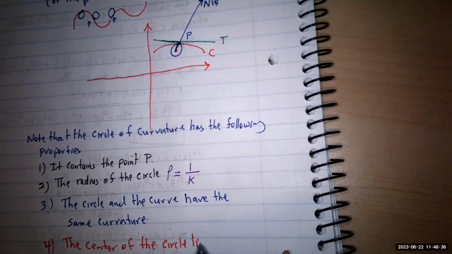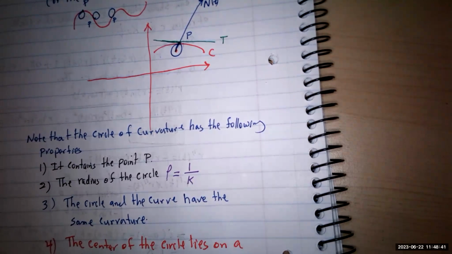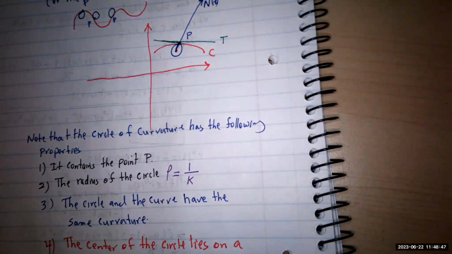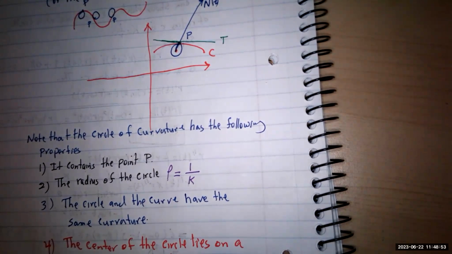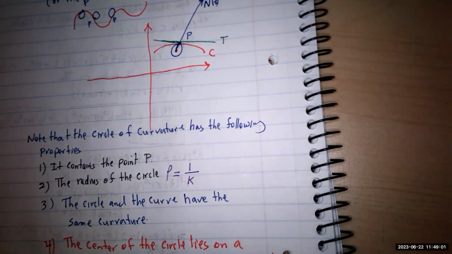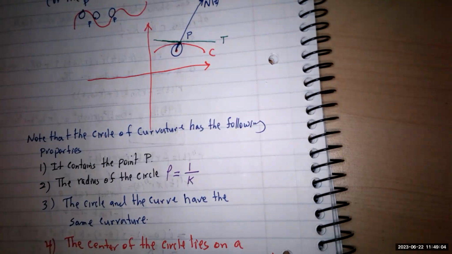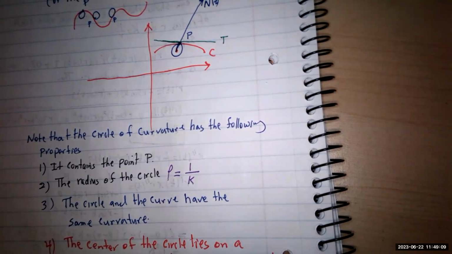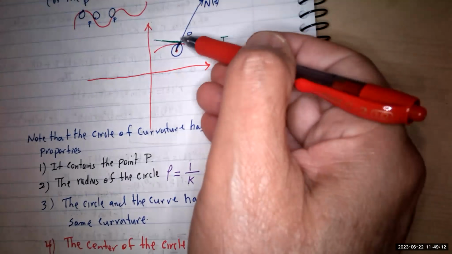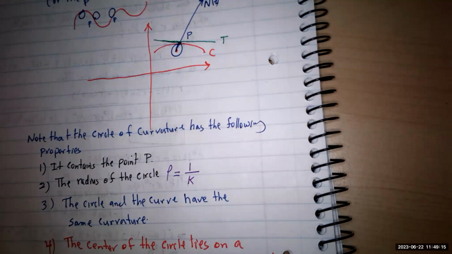As I showed you, the center lies on a line in the direction of the normal line, the direction of the unit normal vector to the curve C at the point P, exactly as I showed you. That's going to be the case.